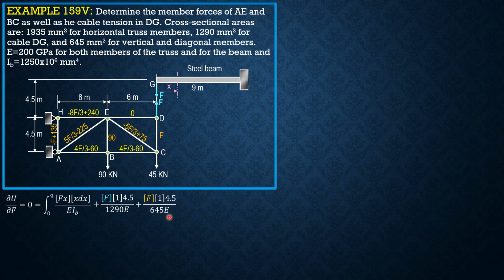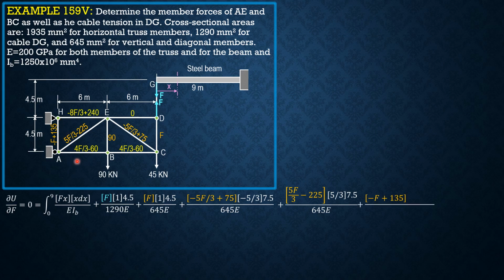So 645E. Then plus negative 5/3 F plus 75 times partial derivative negative 5/3. The length of this member is 7.5 over 645E. Then this is not included. This one, 5F over 3 minus 225 times 5/3 times 7.5 over 645E. Then for this member here, plus negative F plus 135 times negative 1, length 4.5 over 645E.